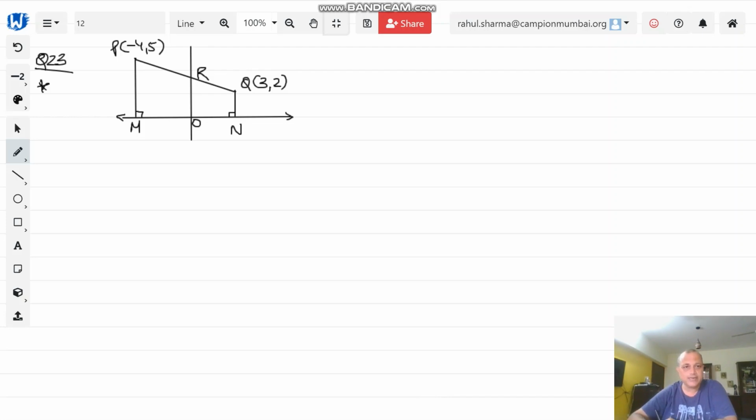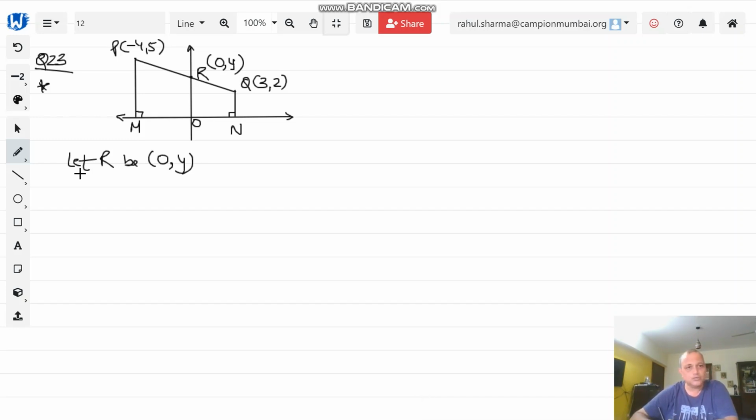First, if it is intersecting at the y-axis, what would be the coordinates? The coordinates would be 0, comma y. So let R be 0, comma y, because the x coordinate on this will always be 0. First let's calculate the ratio.